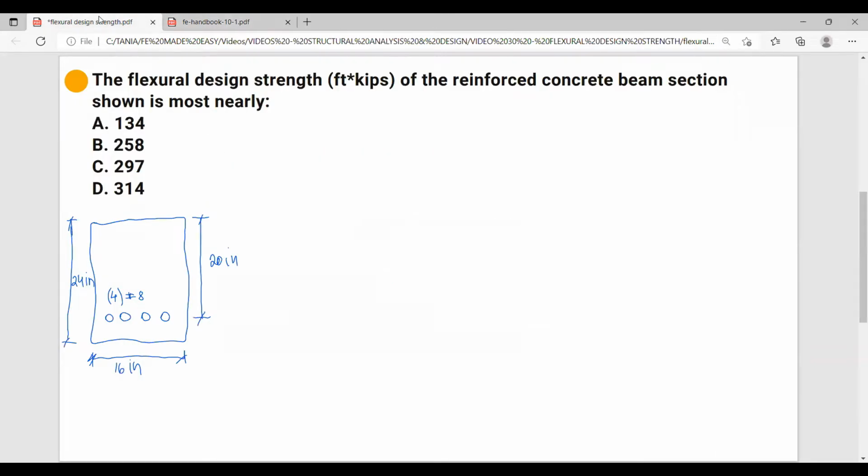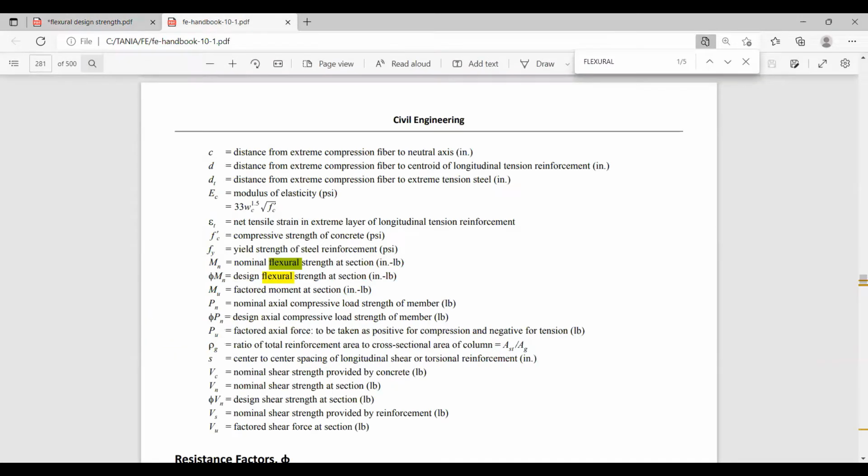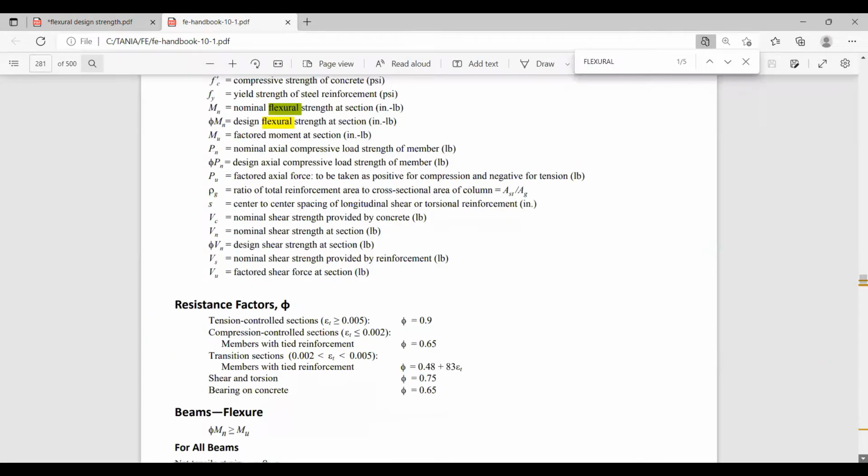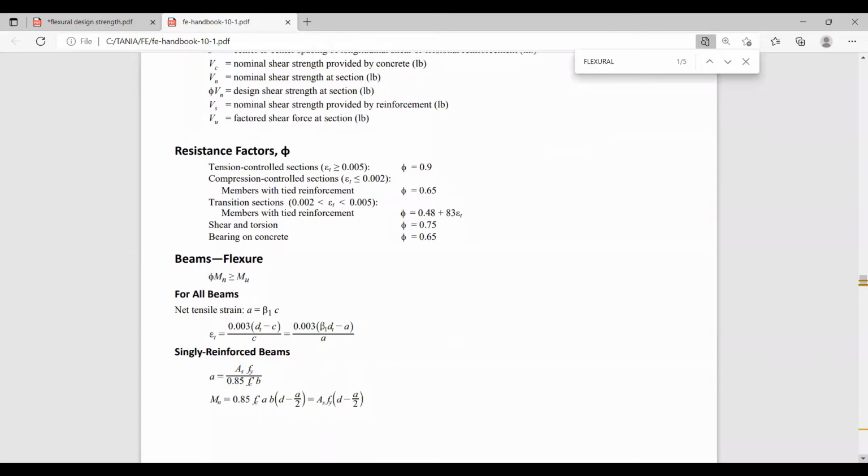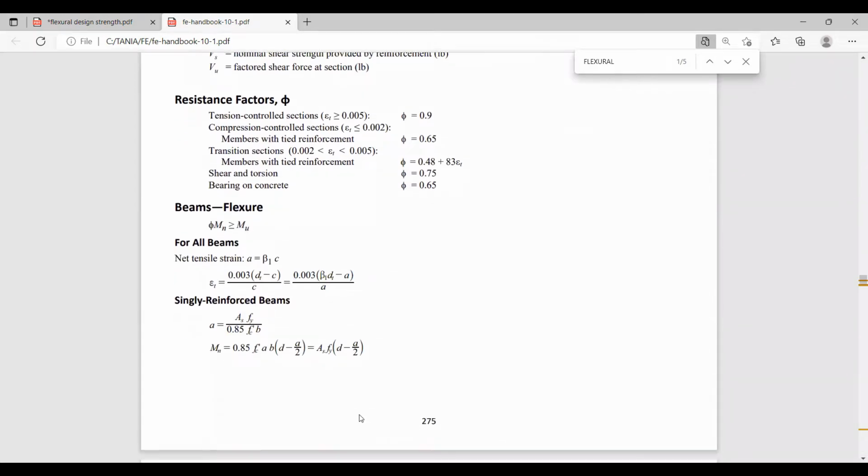So we must calculate phi Mn. First off, let's go ahead and calculate Mn. As we have previously calculated in our problems, the Mn formula is given here in the FE handbook, and we can use one of these formulas.